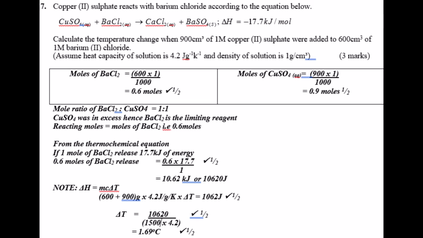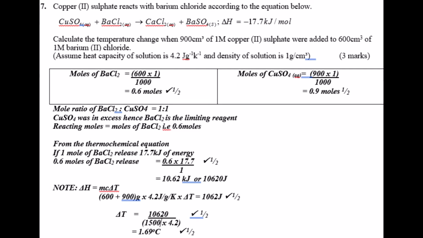So with that, the total mass we are using is the 600 grams added to 900 grams. Remember, we have used the density to convert the volumes, both volumes, from centimeters cubed to mass. With that, we have 1500 grams. You multiply by 4.2 joules per gram per Kelvin, then times the delta T, which we don't know, and that will give us 10,620.